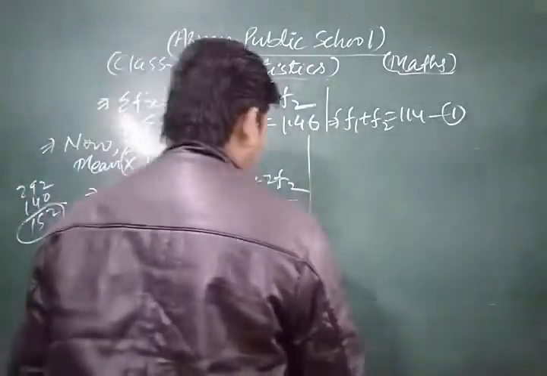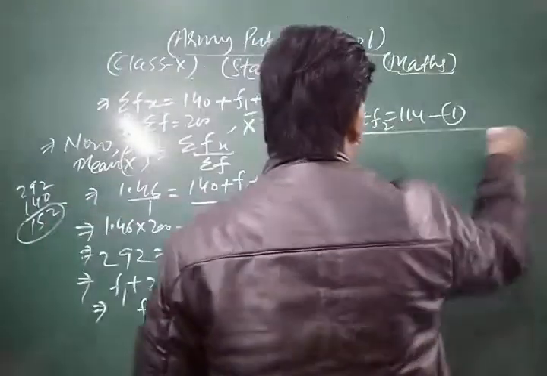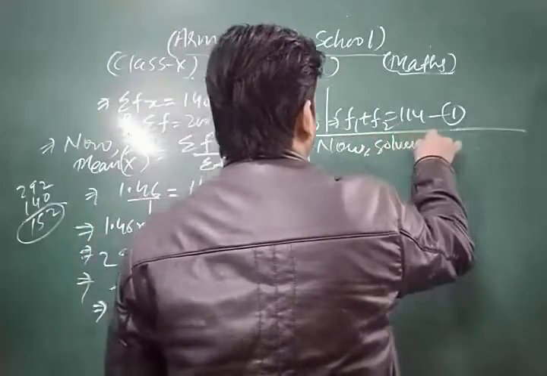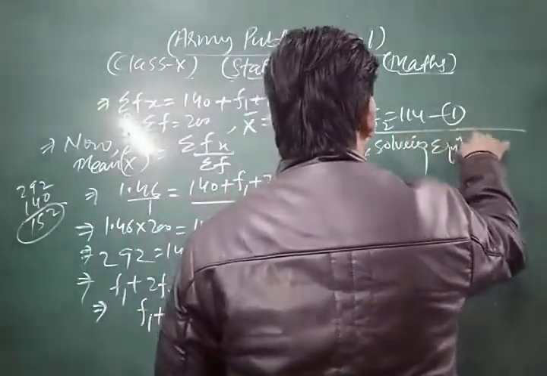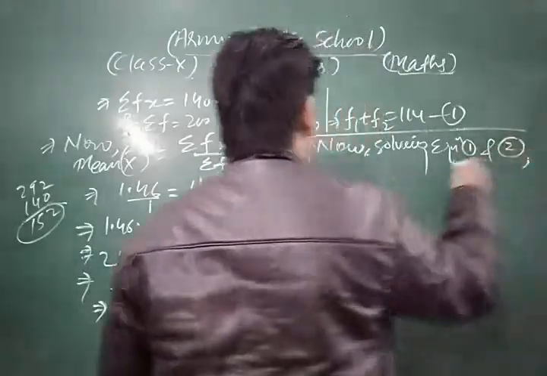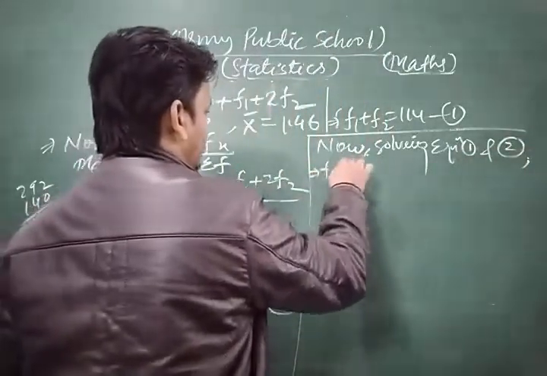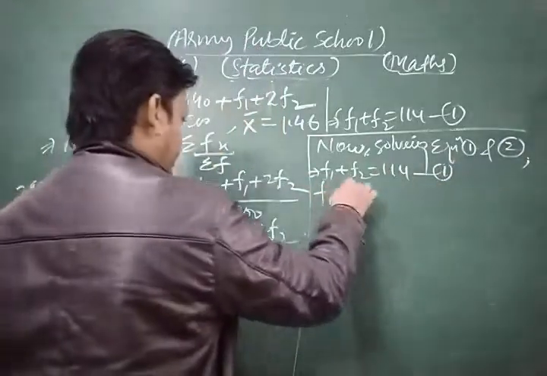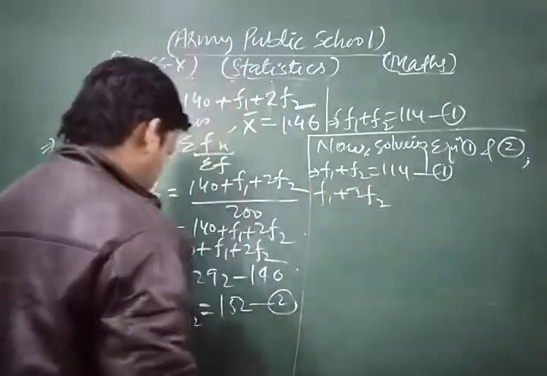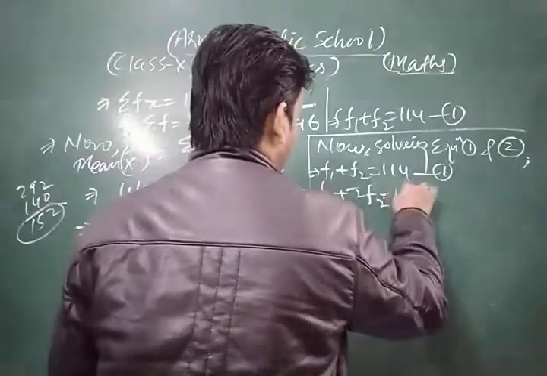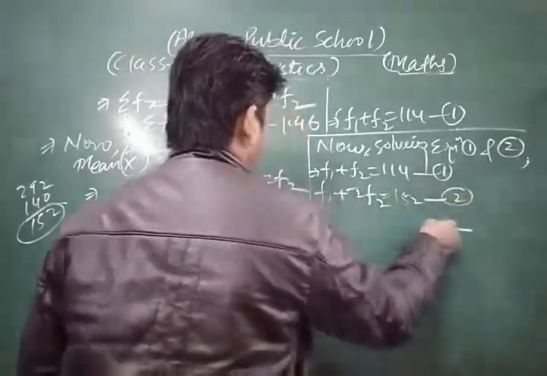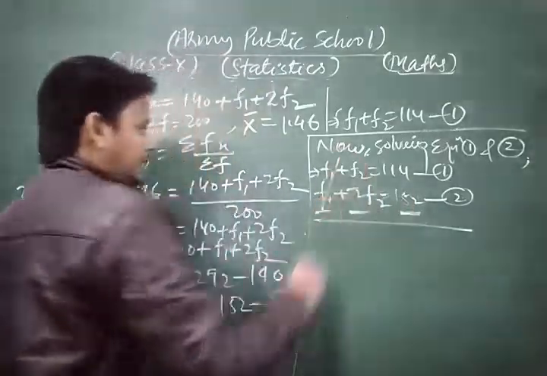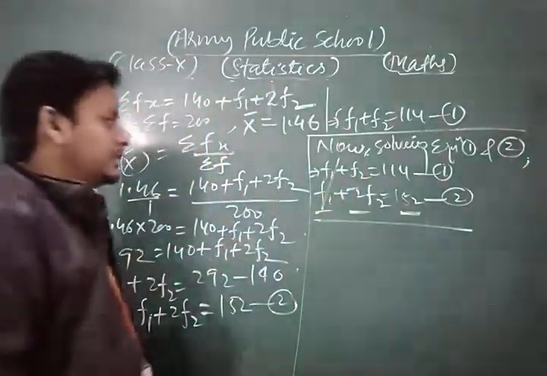Solving equations 1 and 2. Equation 1 is f1 plus f2 is equal to 114, and equation 2 is f1 plus 2f2 is equal to 152. Now subtracting them, f1 and f1 cancel each other.